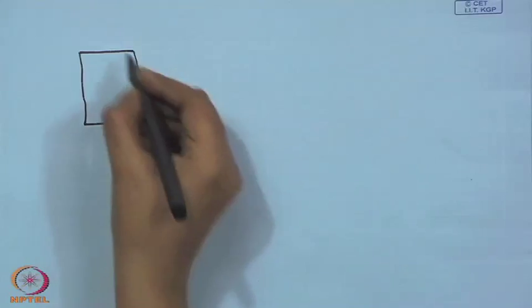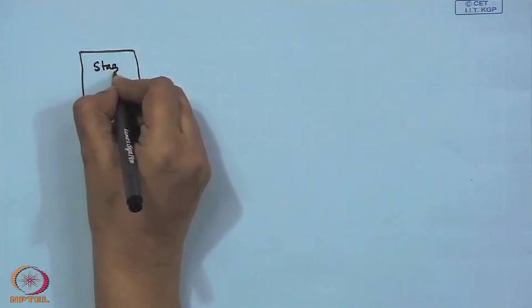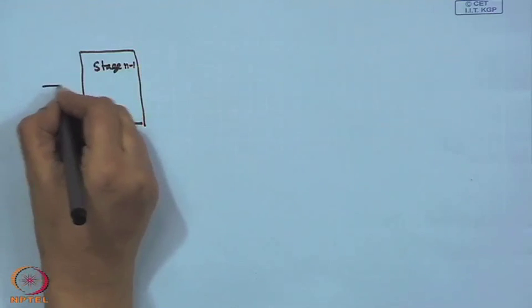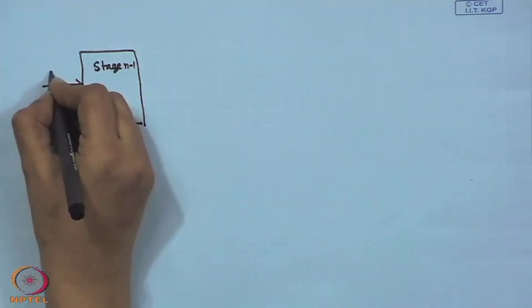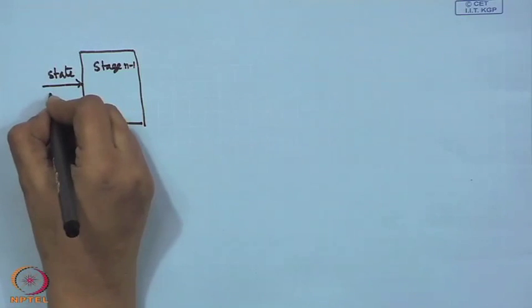If we discuss the forward recursive process, that means I am in stage n minus 1. Here the inputs are for every stage, as we know there are several states.